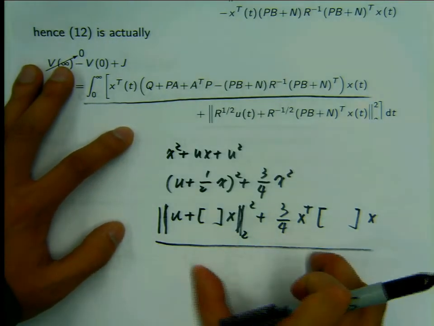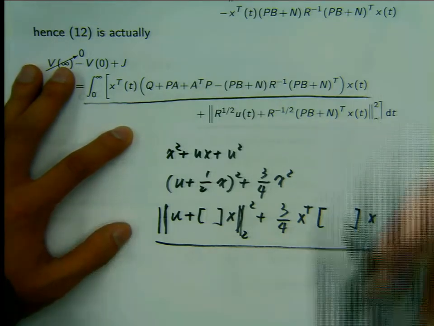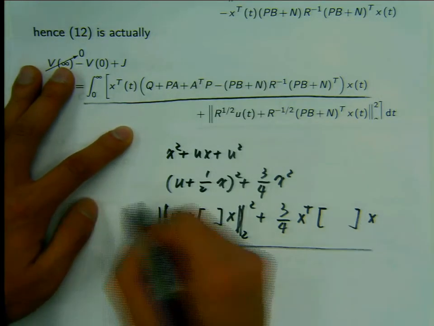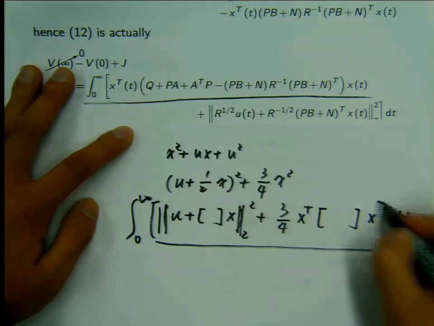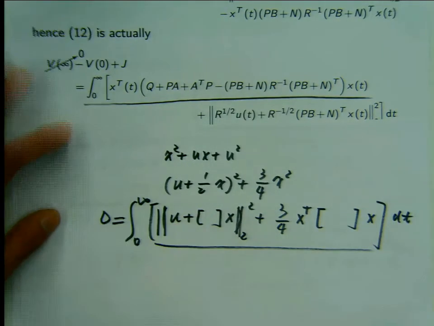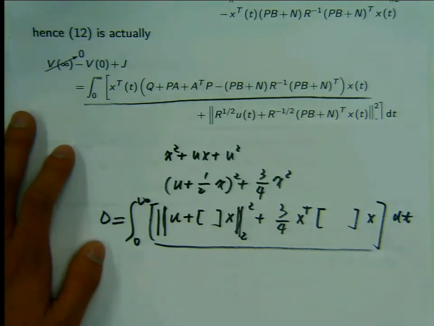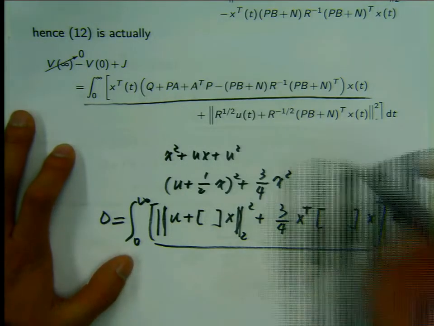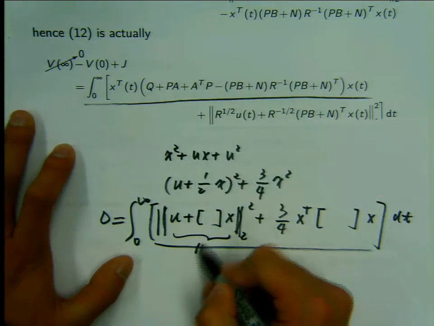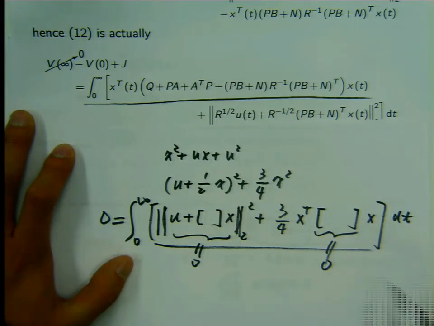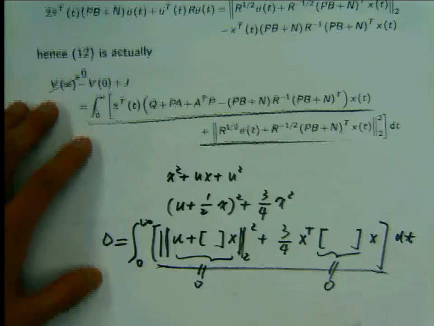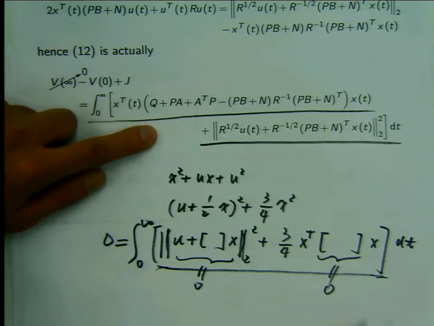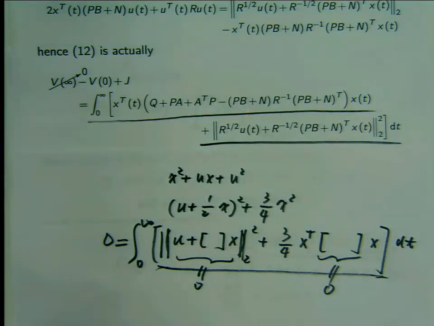So now if we look at this, and we know that this integration from 0 to infinity dt, we have explained before, this guy is 0. Then what you see is that this guy has to be 0. And this guy has to be 0. That's what I had originally wanted to obtain. So this kind of structure, that's my original goal.